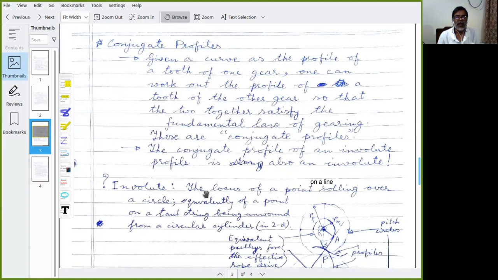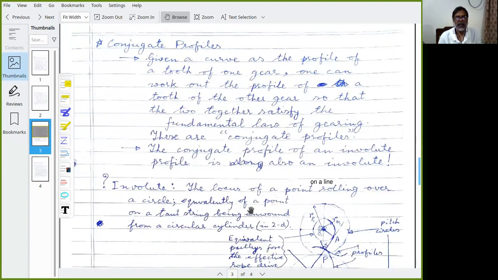The locus of a point on a line rolling over a circle. You hold a circle and then take a line and roll it over the circle. Then as you do that, the locus of a point on the line will describe the curve that is the involute. Alternatively, you can take it like this.